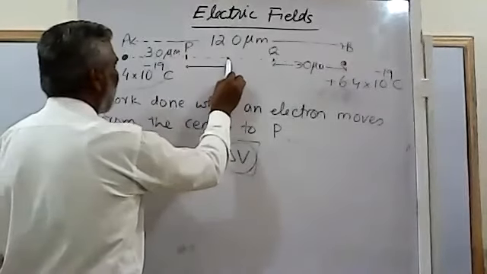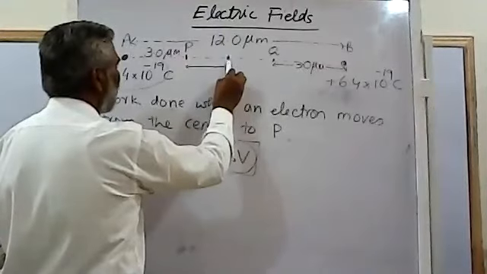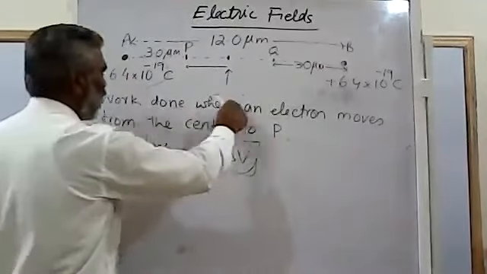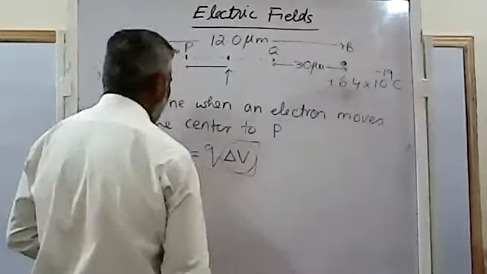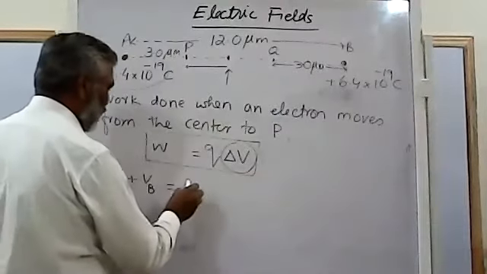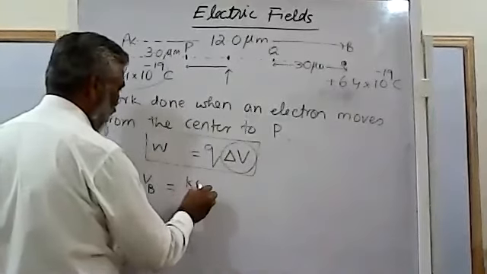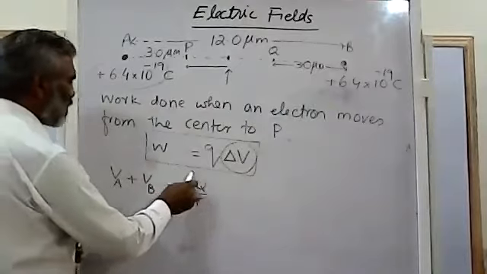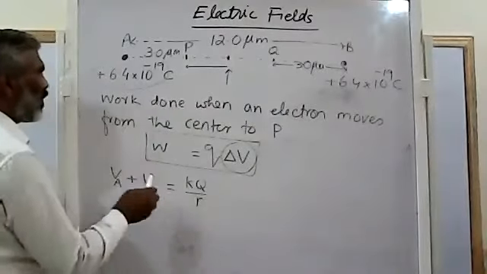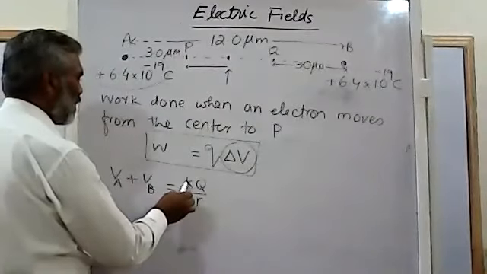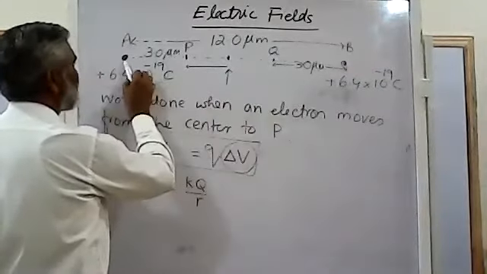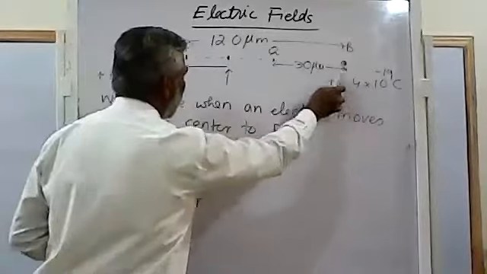So at the center we have two values of potential, one due to the charge at A and one due to the charge at B. So we add these two, KQ over R, and since these values happen to be the same for the two cases, K is common already, Q is the same for the two, and it is at the same distance as this charge.